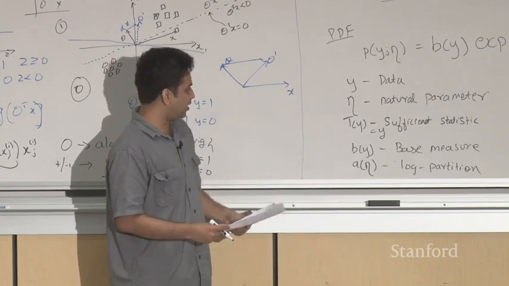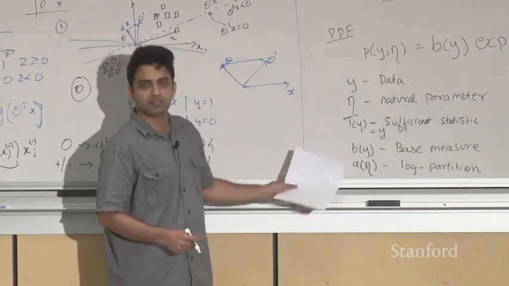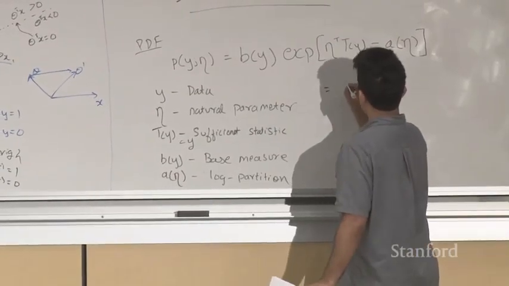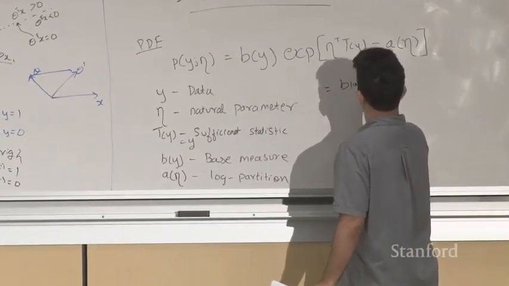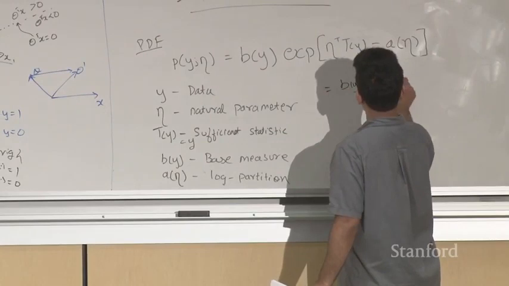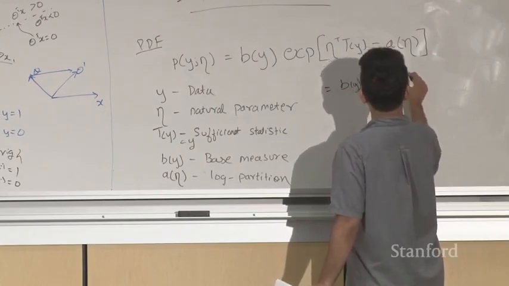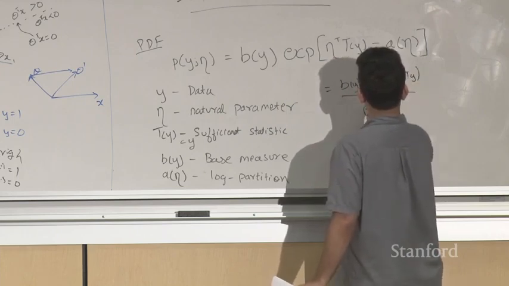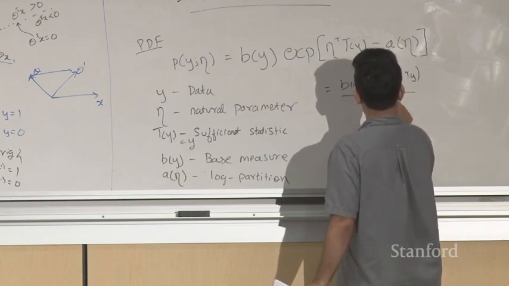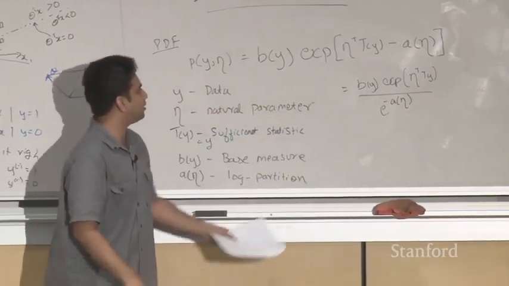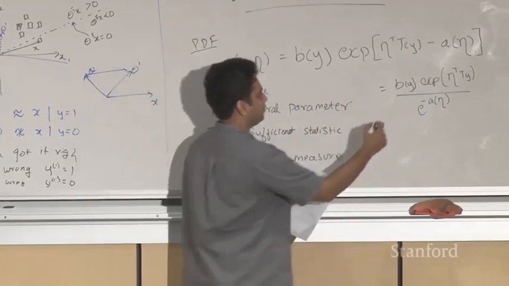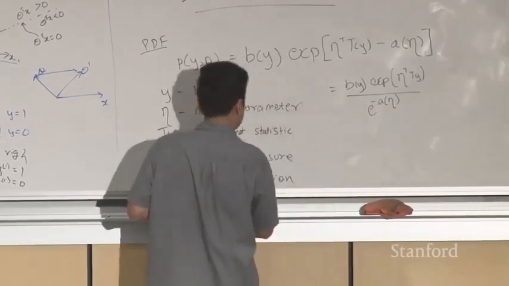The reason why this is called the log partition function is pretty easy to see, because this can be written as B of Y times exp of eta transpose T of Y, times exp of minus A of eta. So these two are exactly the same.